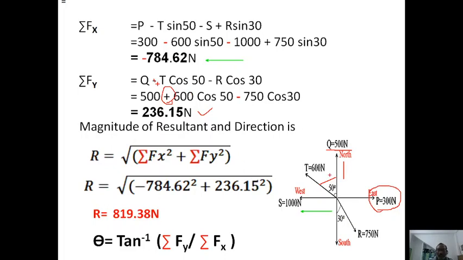So this is to be taken care of, whether it is a positive symbol or negative symbol. You can obtain it like this. It should be taken on the upper side towards the positive y-axis, upward direction.